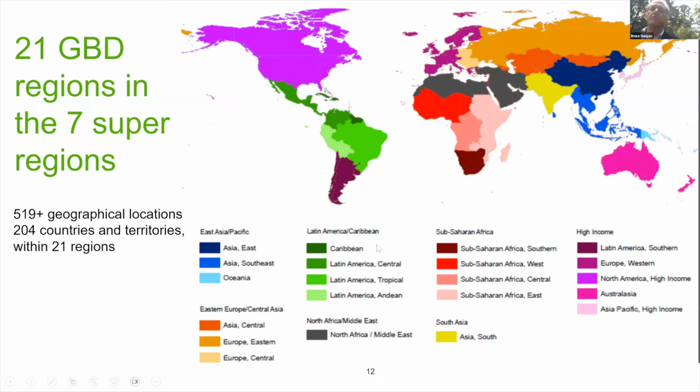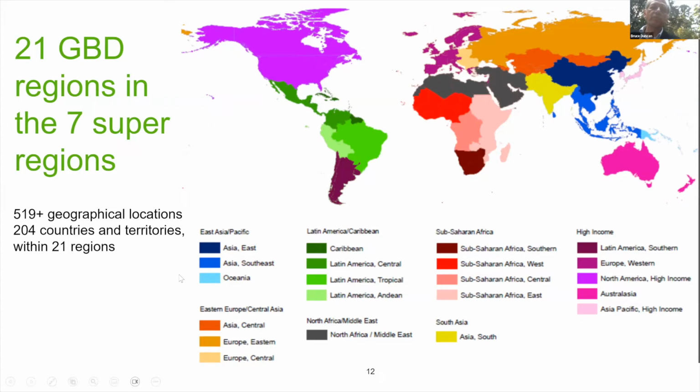The Latin America Caribbean super region has Caribbean, Central Latin America, and, with the colors on the map here, Tropical Latin America, and Latin America Andean. There's also a high-income region, which is not geographically specific. It takes high income from the Southern Cone, from North America, from Australia and New Zealand, from Asia, and puts them all together into one region.